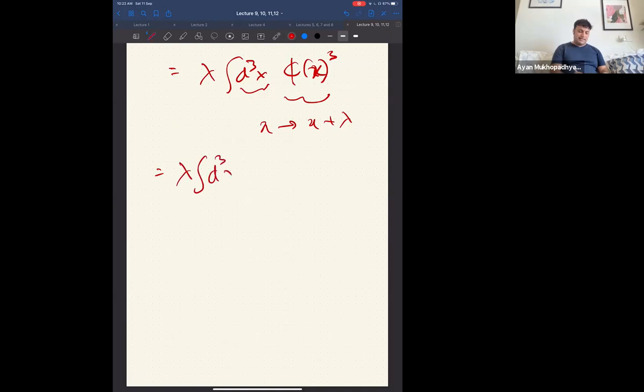So I take what is phi(x)? Phi(x) is the integral d cube k1 e to the power i k1 dot x, I put phi(k1), right? And I put d cube k2 e to the power i k2 dot x, I'm writing phi(x) cubed in this way, right? I'm writing it with each factor expanded.